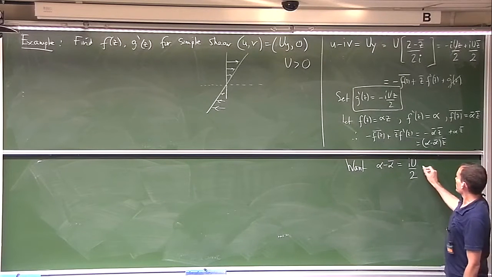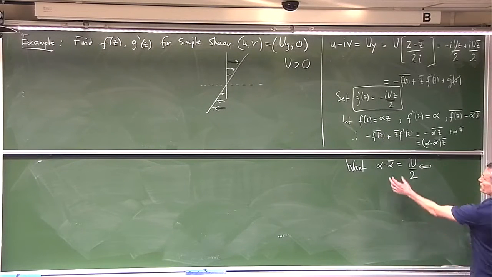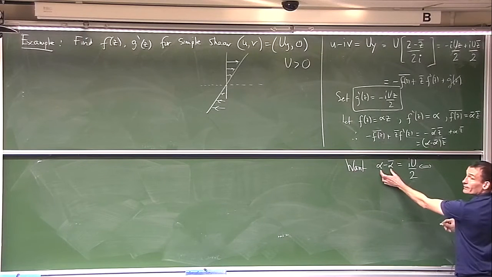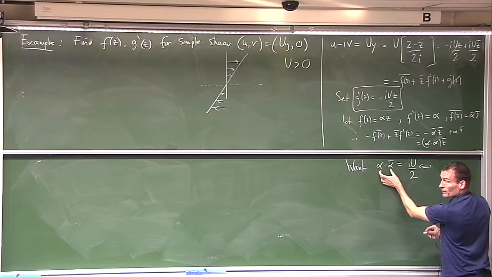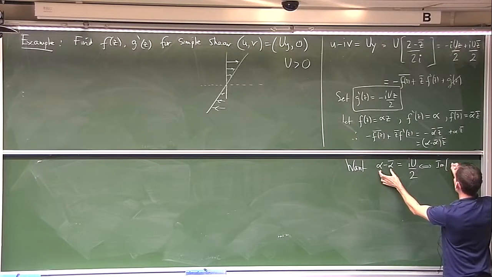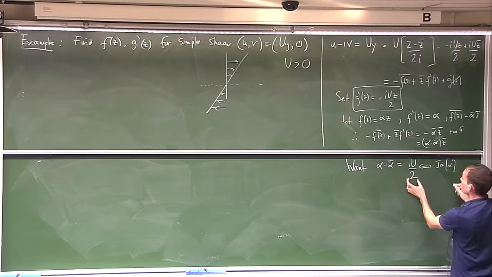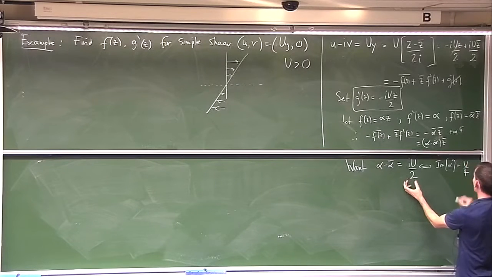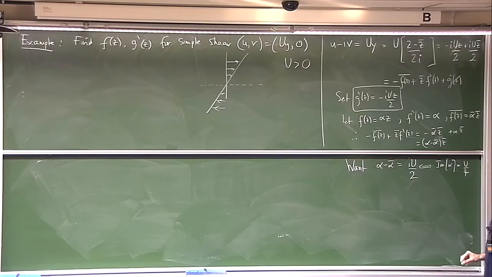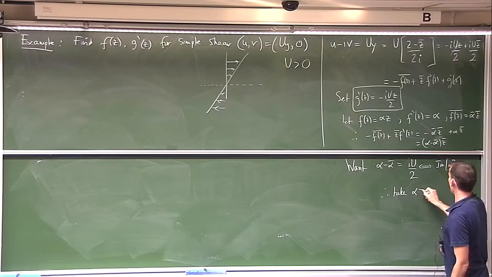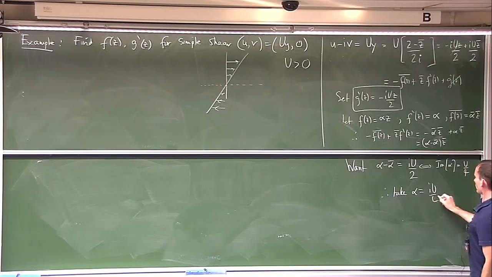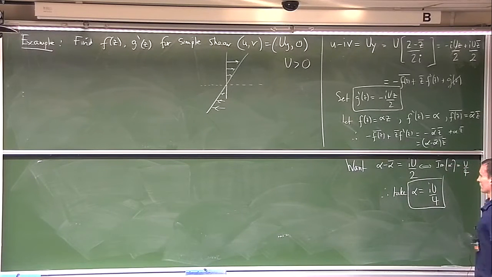So this is equivalent to saying that if we divide this by 2i, it's the imaginary part of alpha. So the imaginary part of alpha is U over 4. See? So therefore, take that, that'll do it.